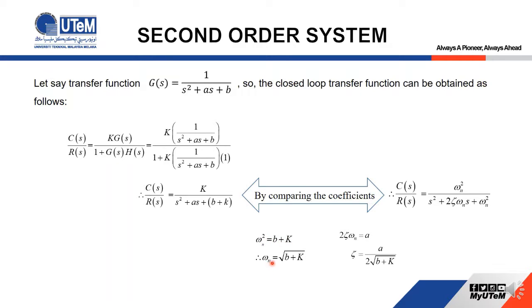Next, 2 zeta omega n, when compared with this equation, equals a. From there, we get zeta equal to a divided by 2 times the square root of b plus k.